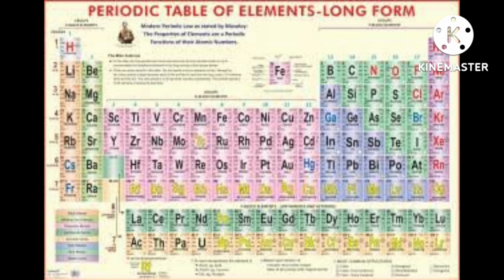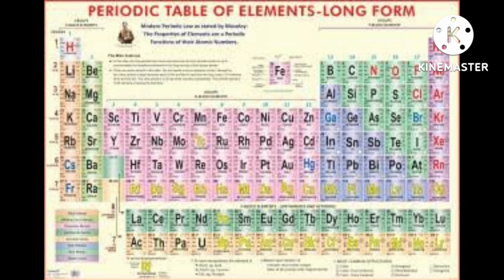In the first period there are 2 elements. The second and third contain 8 elements, means the second period contains 8 elements, the third also contains 8 elements.